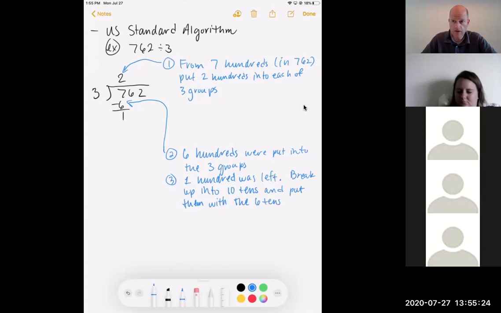Okay, thinking place value, you can imagine this is place value blocks. Putting them with the 6 tens from the 762. Now when you do that, you have 16 tens total.